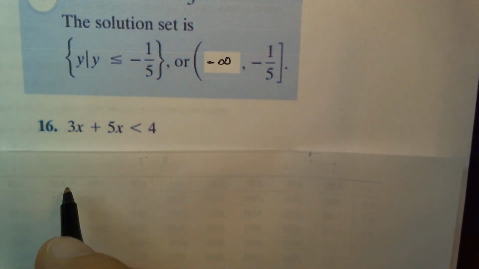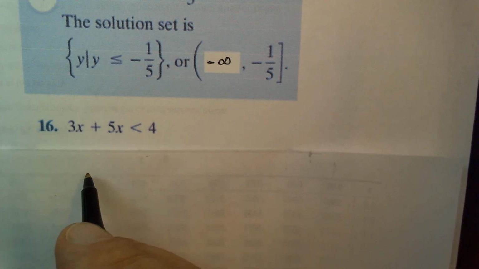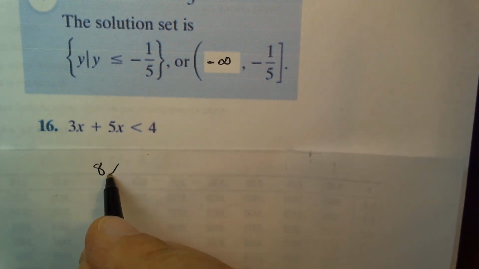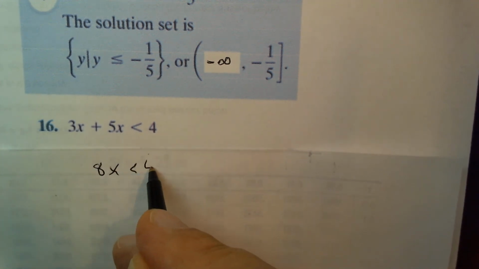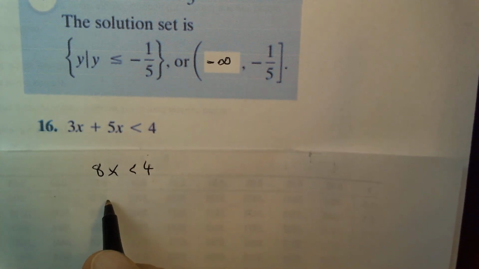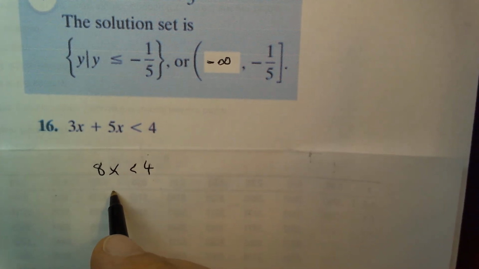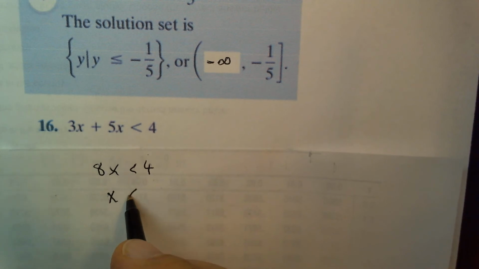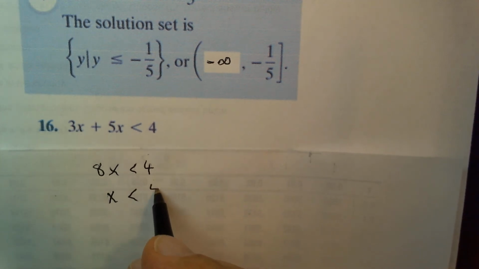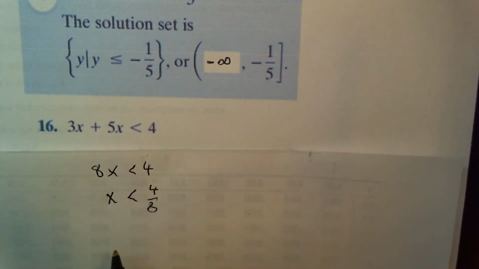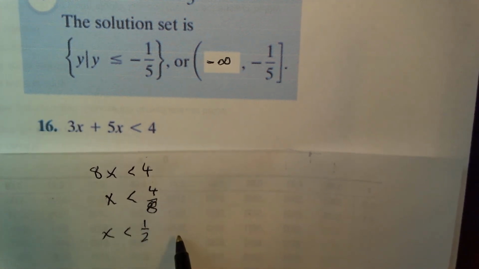Number 16, 3x plus 5x would be 8x less than 4. We divide both sides by 8, so then x is isolated, and x is then less than 4 divided by 8, or x is less than 1/2, reducing this fraction here.